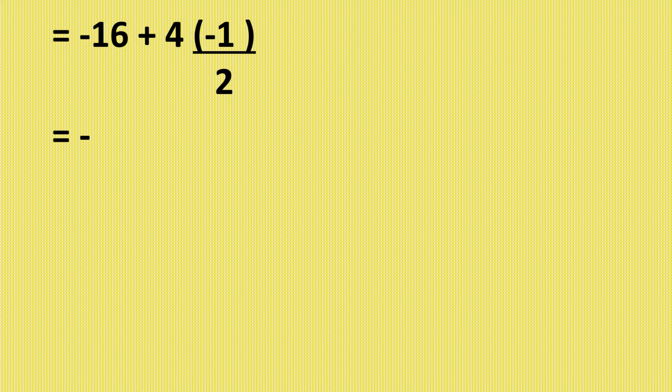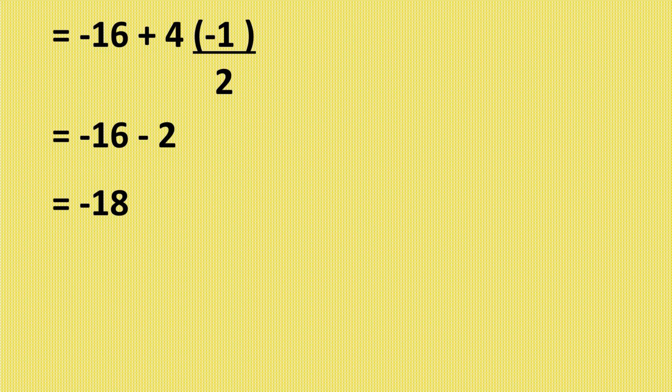By the time we open the bracket, we have minus 2, because 4 divided by 2 is 2, and then by the time you bring out the negative sign, negative and positive becomes negative. So I come again.